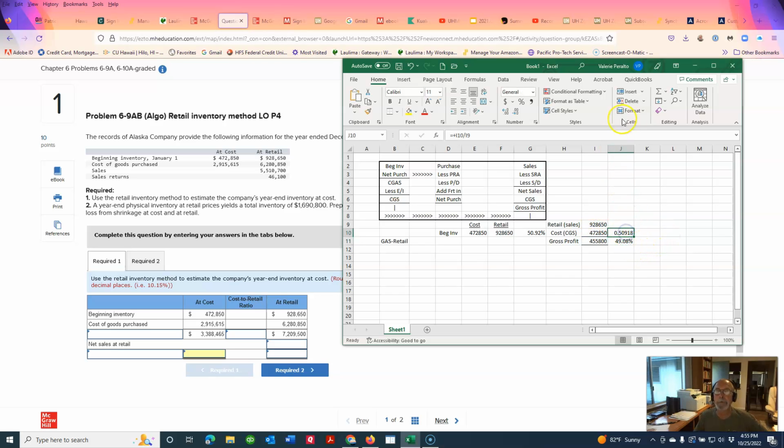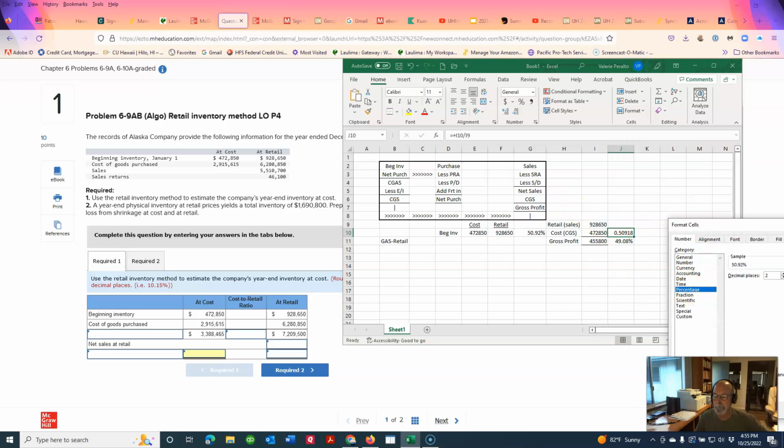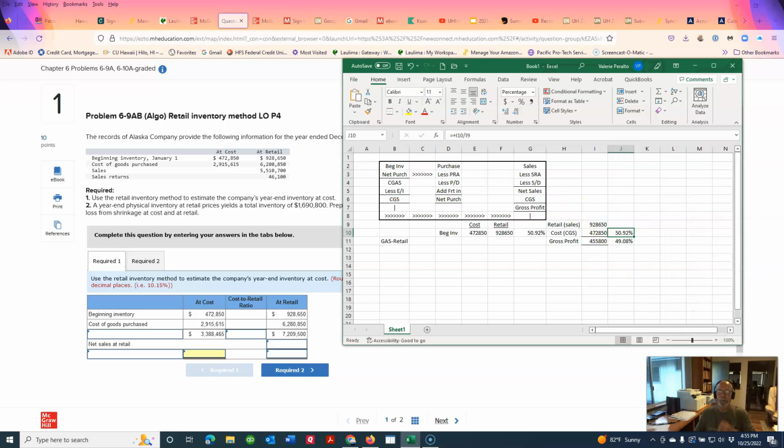is 50.92%. So our cost of sales percentage is the same as our cost to retail ratio.